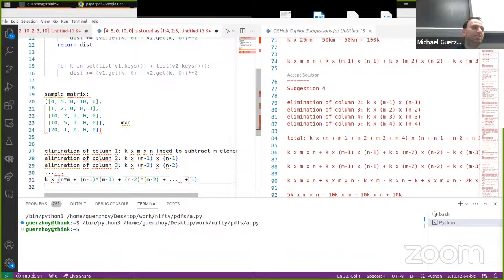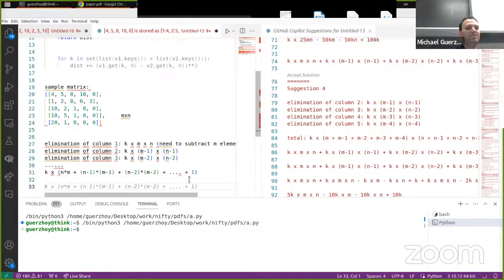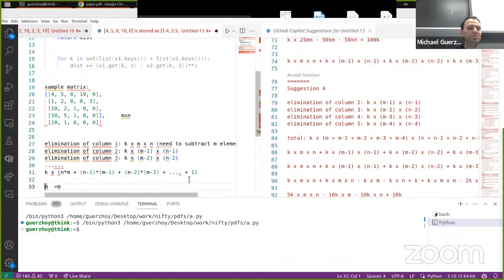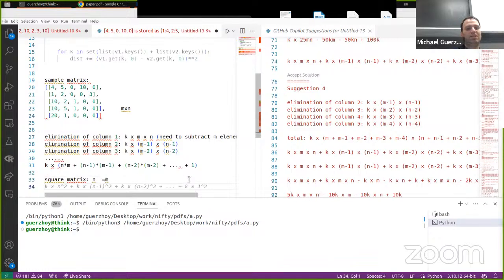And that's basically as far as you need it to go. So in the case that n is equal to m, so if it's a square matrix, this would be like this.